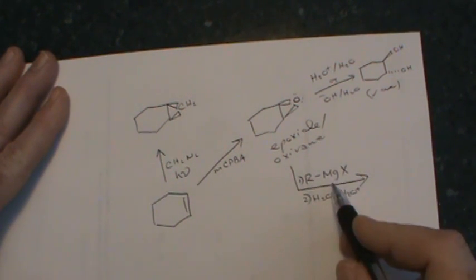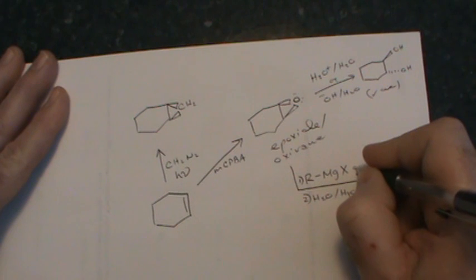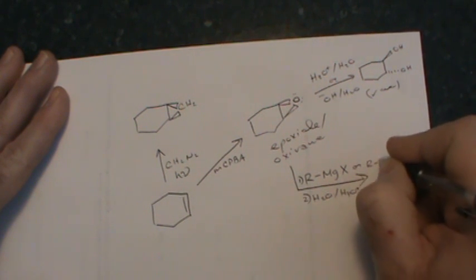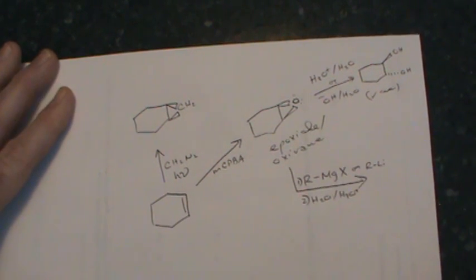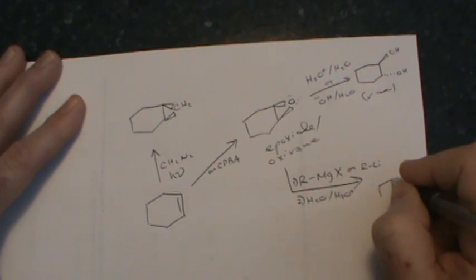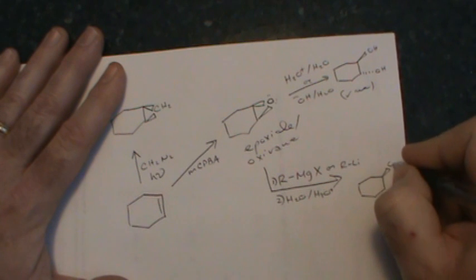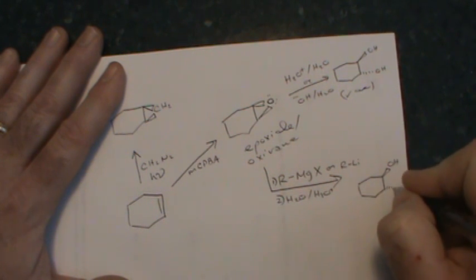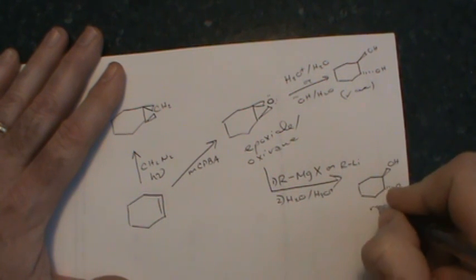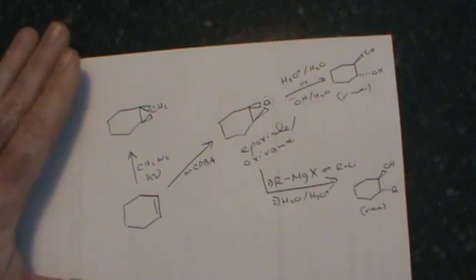And remember, we don't have to use a Grignard reagent, so actually we could use the corresponding organolithium here as well. In both those cases, we're going to ring open the epoxide to form an alcohol.